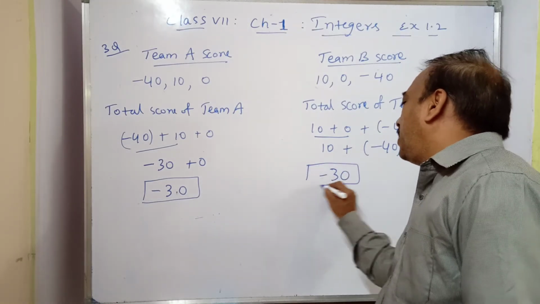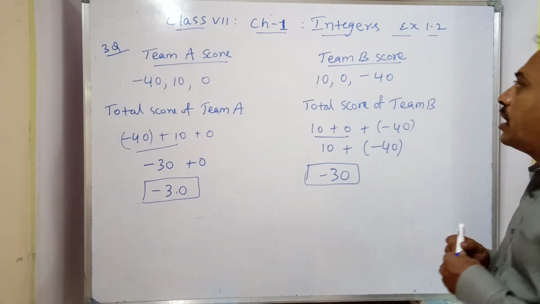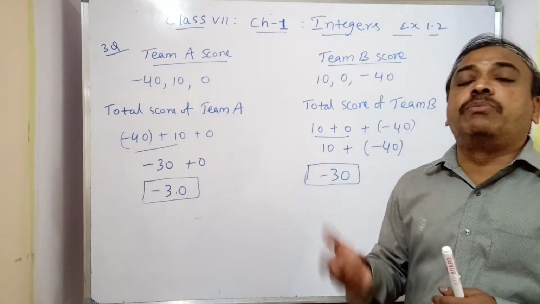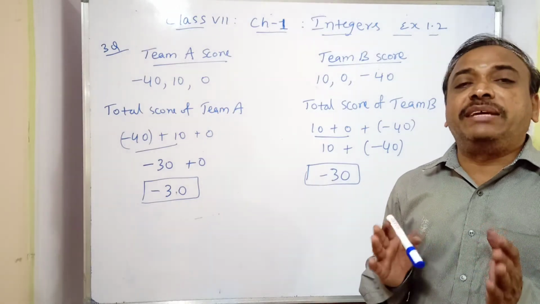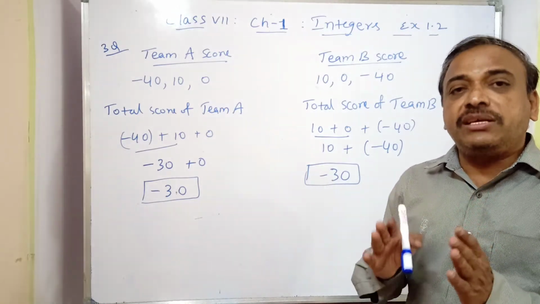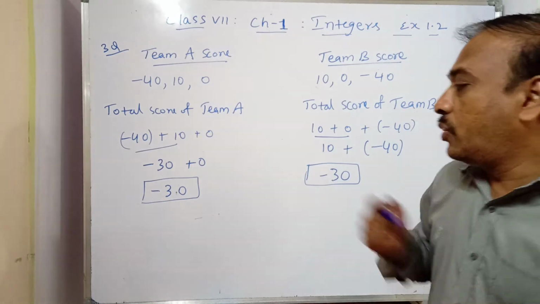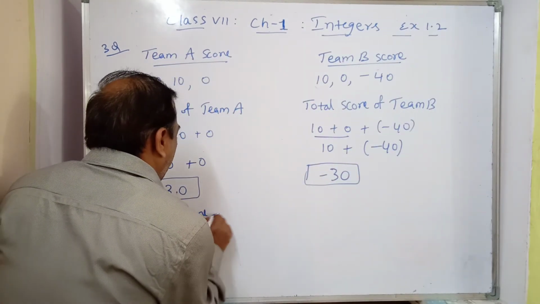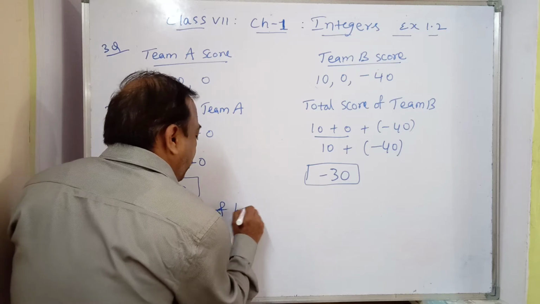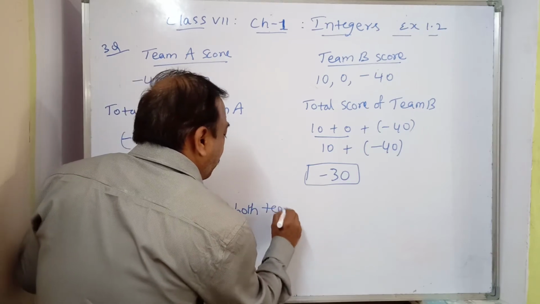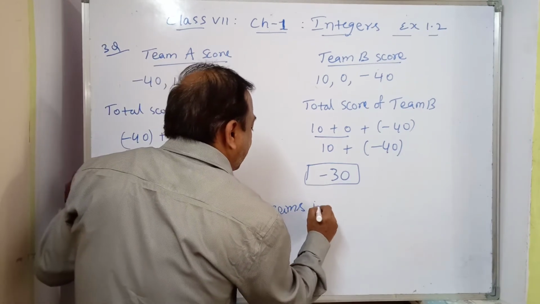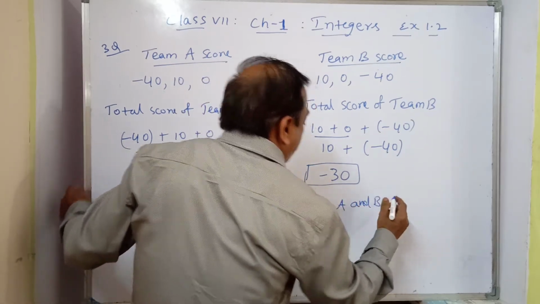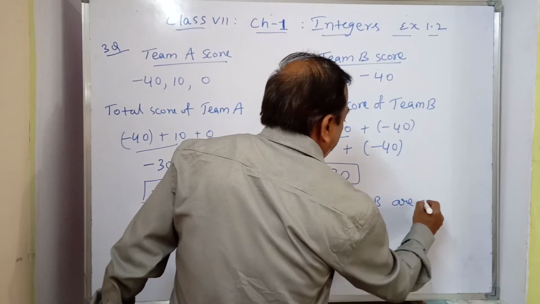Now you see both places, the team A score and the team B score. Which team has got more score? Both teams got the same score. So the scores of both teams, A and B, are equal.